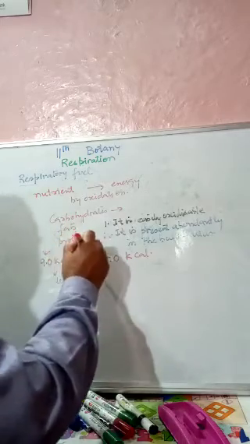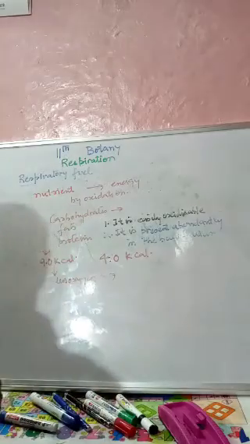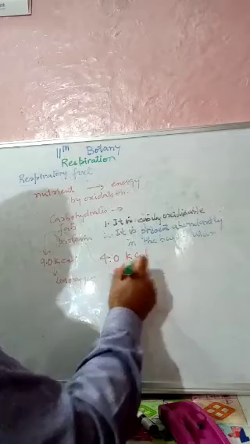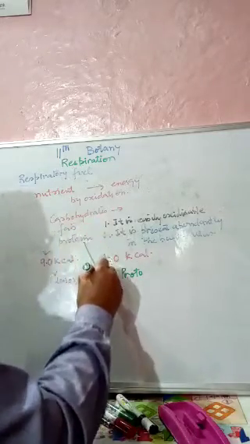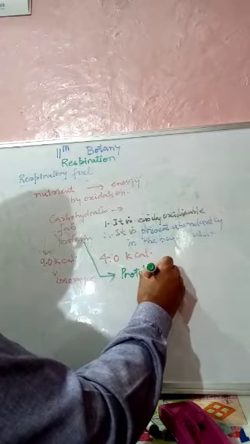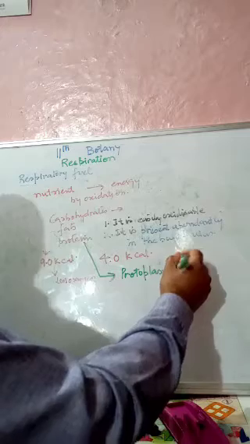If we talk about proteins, when proteins are used as respiratory fuel, then it is called protoplasmic respiration. When proteins are considered as respiratory fuels, then it is called protoplasmic respiration.